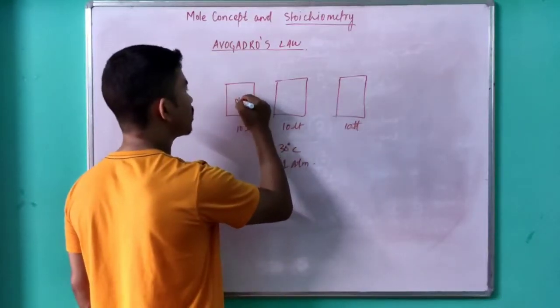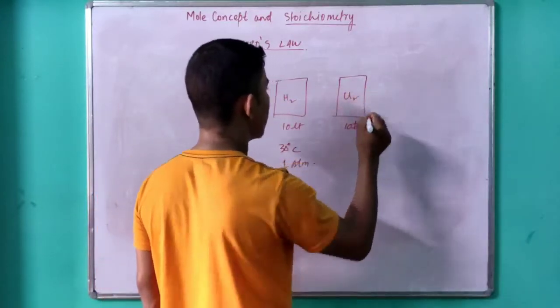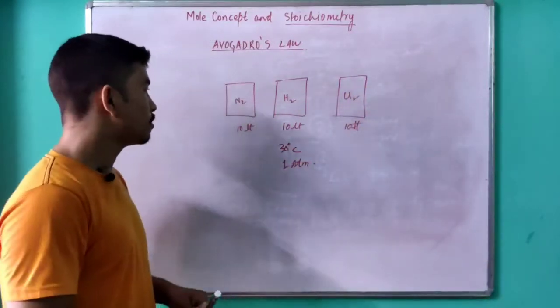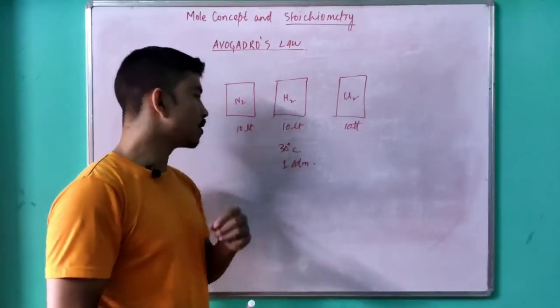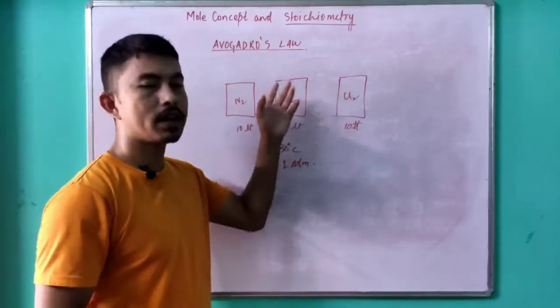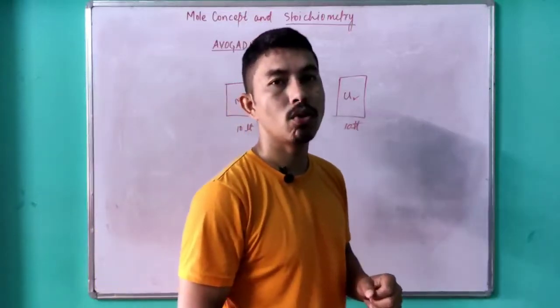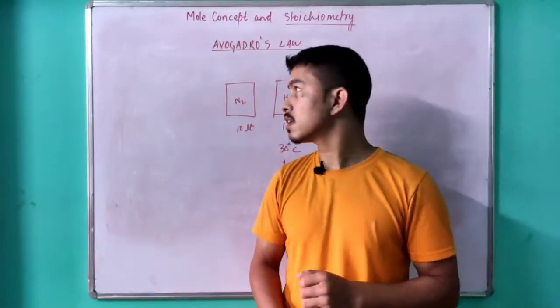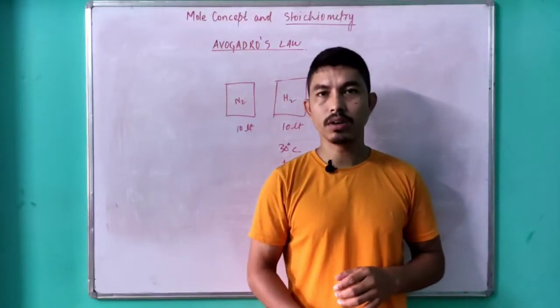In one cylinder I have nitrogen, in another hydrogen, and in another chlorine gas. The volume, temperature and pressure are all the same, so Avogadro's law says that all of these will contain the same number of molecules. Equal volumes of all gases under similar conditions of temperature and pressure contain the same number of molecules.